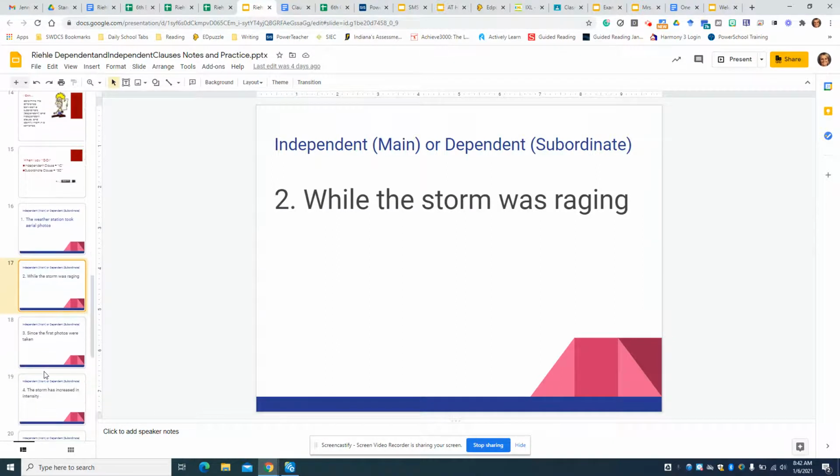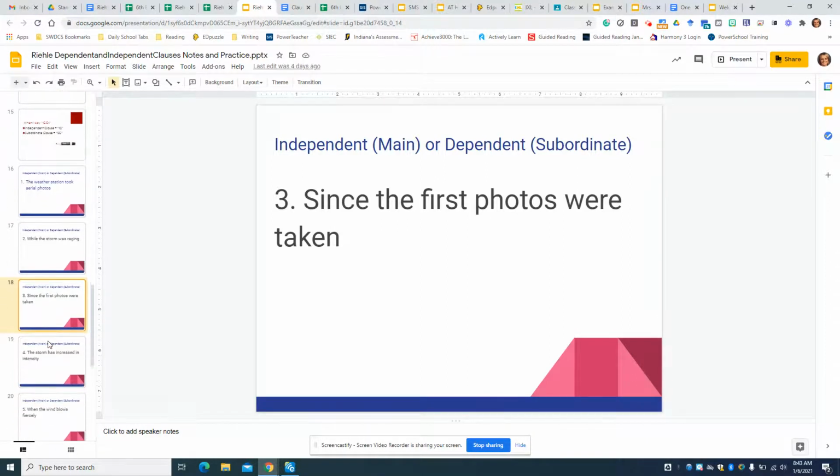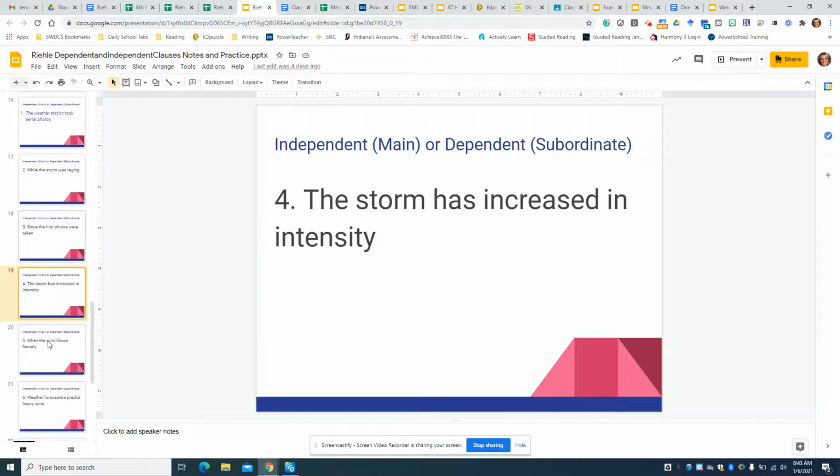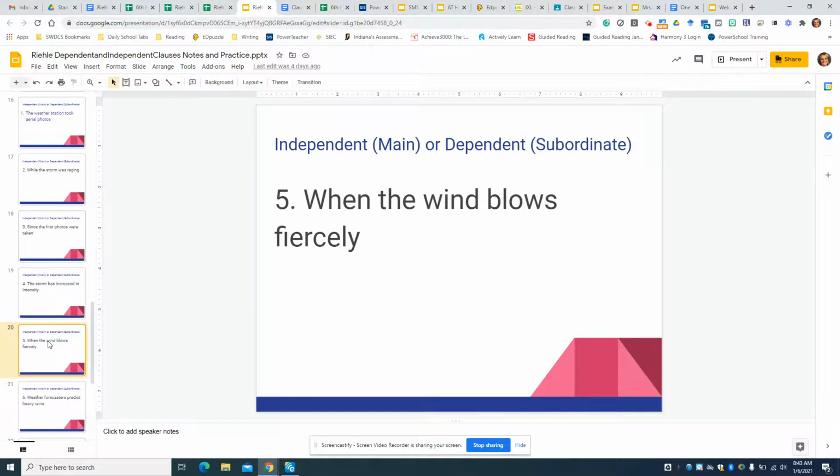Independent or subordinate? Since the first photos were taken, independent or subordinate? The storm has increased in intensity, independent or subordinate? When the wind blows fiercely, independent or subordinate?